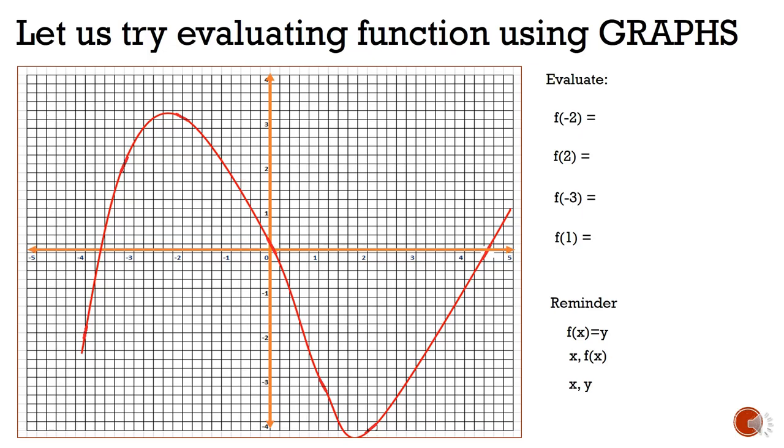find or evaluate the function of f of negative 2. Looking at the graph, negative 2 here is the value of x. Okay, when you draw an arrow from the x-axis going up, touching the curve, and it stopped at the level of 3 in the y-axis.